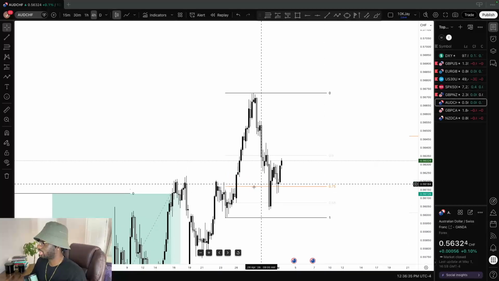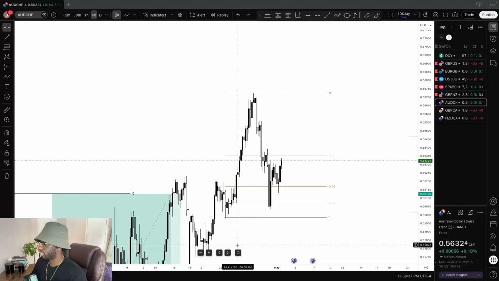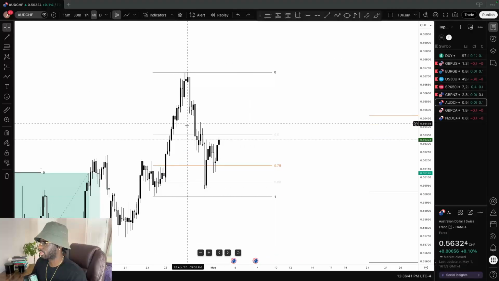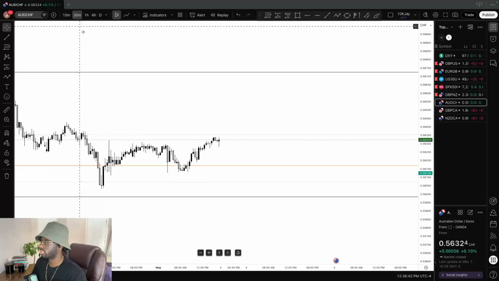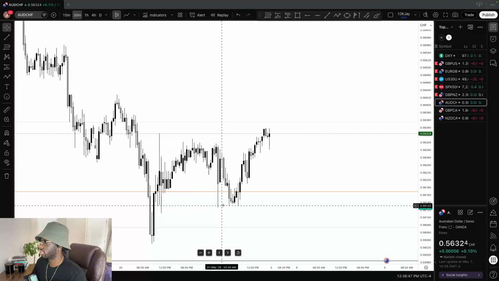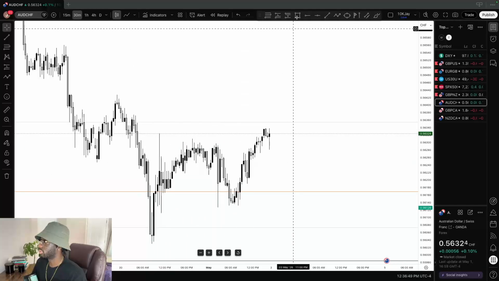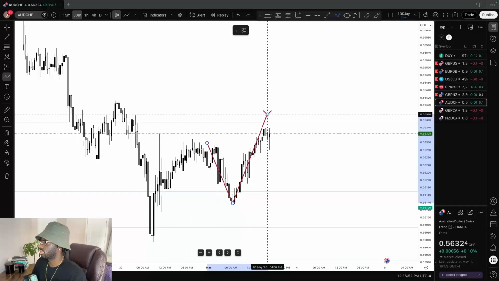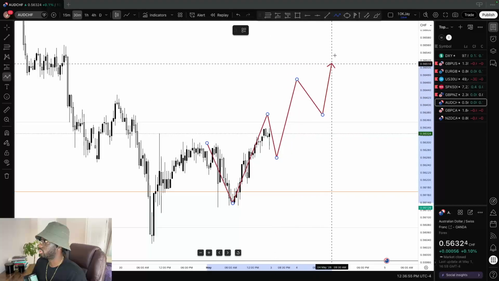I didn't really like this break of structure here, so I'm just gonna wait for a 15-minute or 30-minute shift of structure, entry confirmation, to continue up the trend.